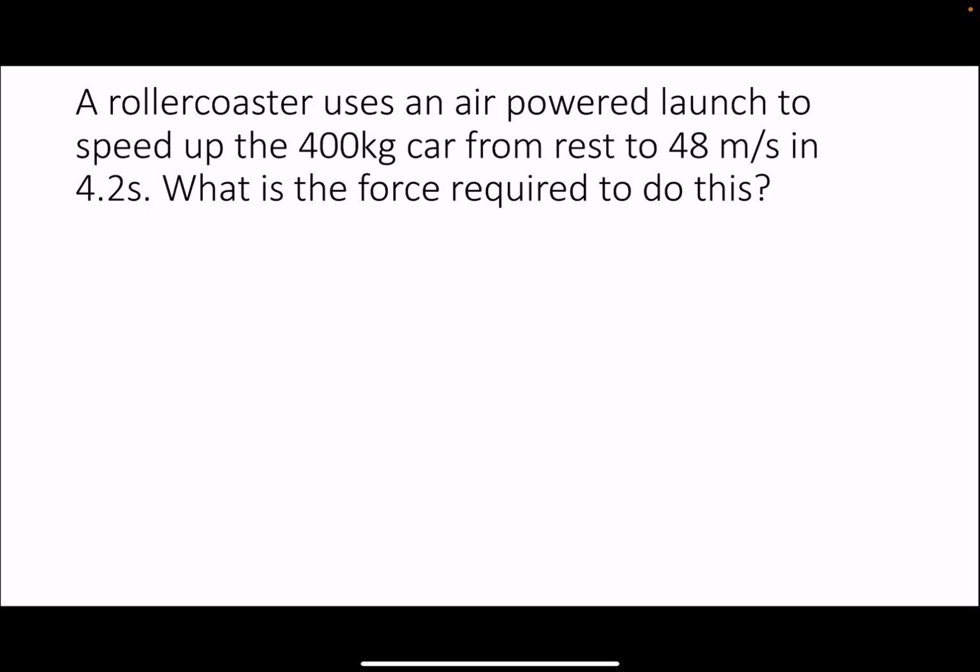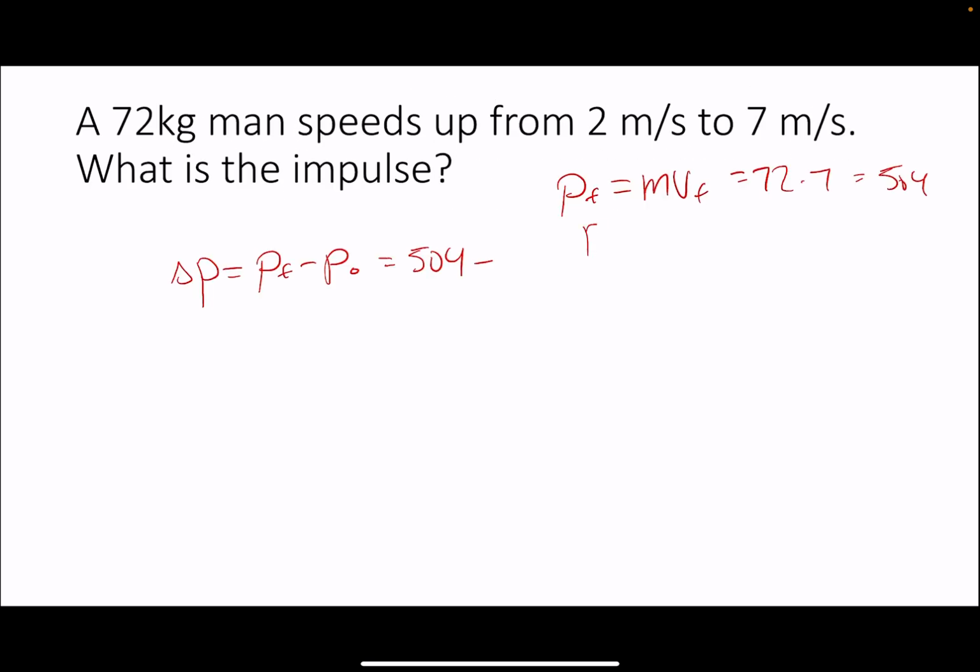And then our P initial is equal to m times V initial, which is equal to 72 times 2. So it's equal to 144. And when you subtract them, you should get 360 kilograms meter per second.